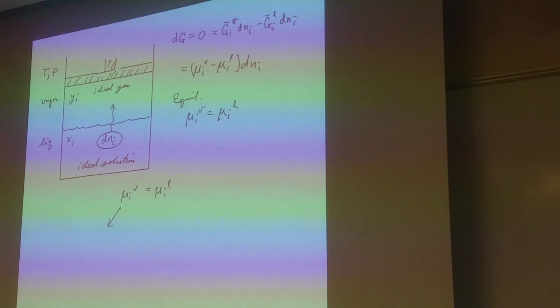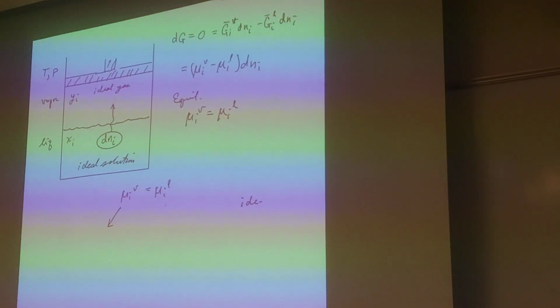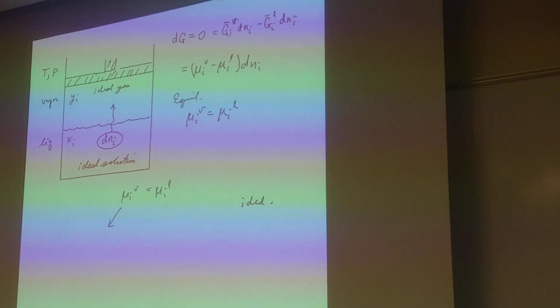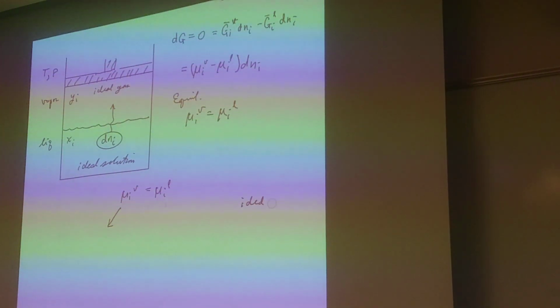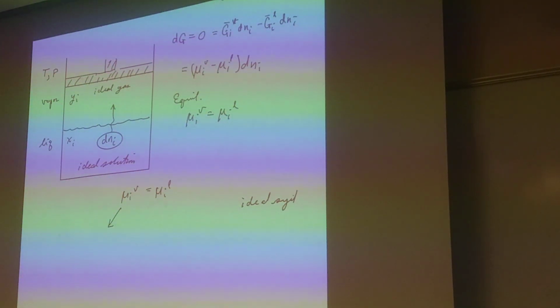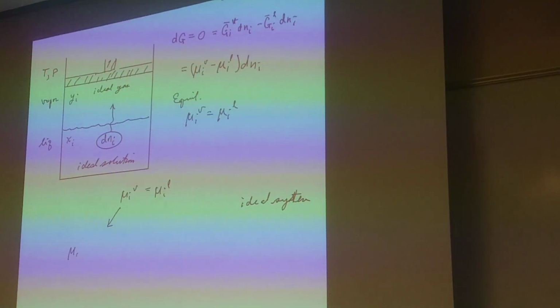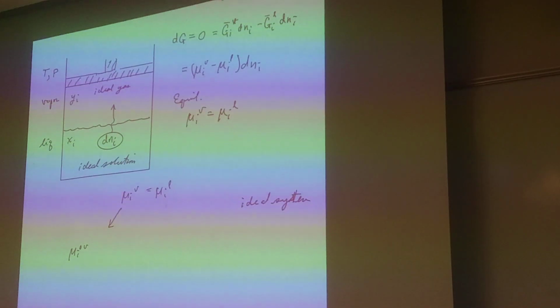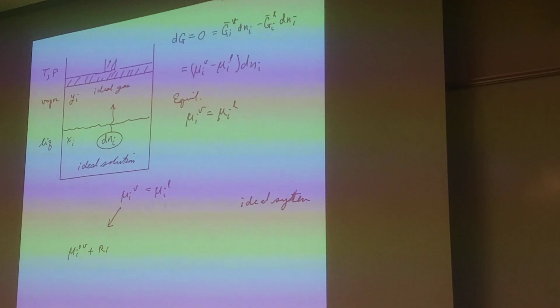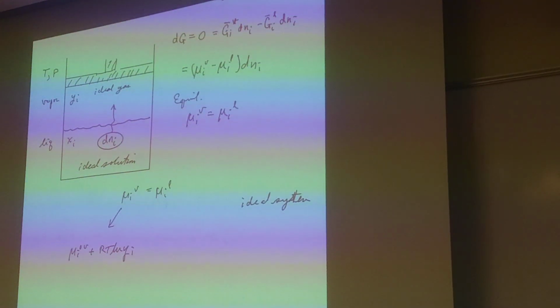Can I write these out if I'm going to assume here an ideal system? Then I have for the vapor chemical potential for the pure vapor plus RT log YI was among the things that I had derived earlier.